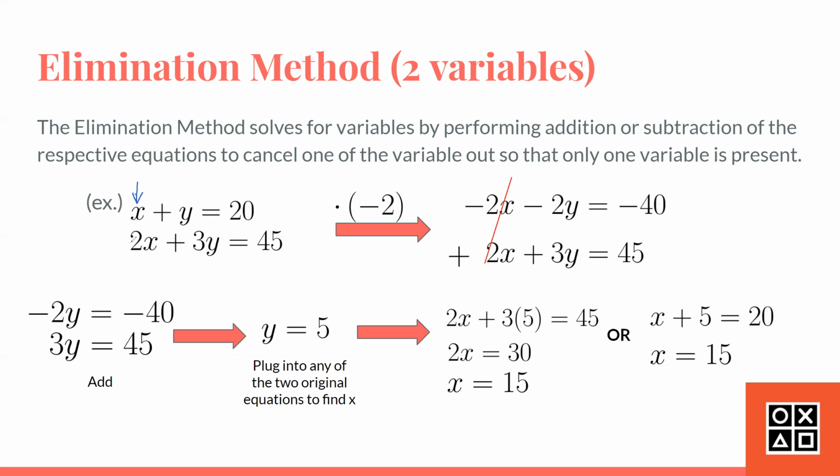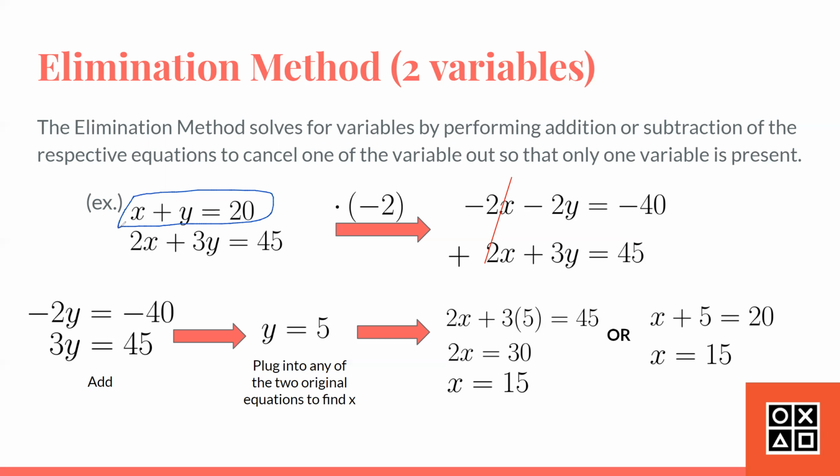To cancel out x, we have to look at the differences between these two equations. As you can see, the second equation is 2 times x, whereas the first equation is just 1 times x. So what we can do is multiply the entire equation.